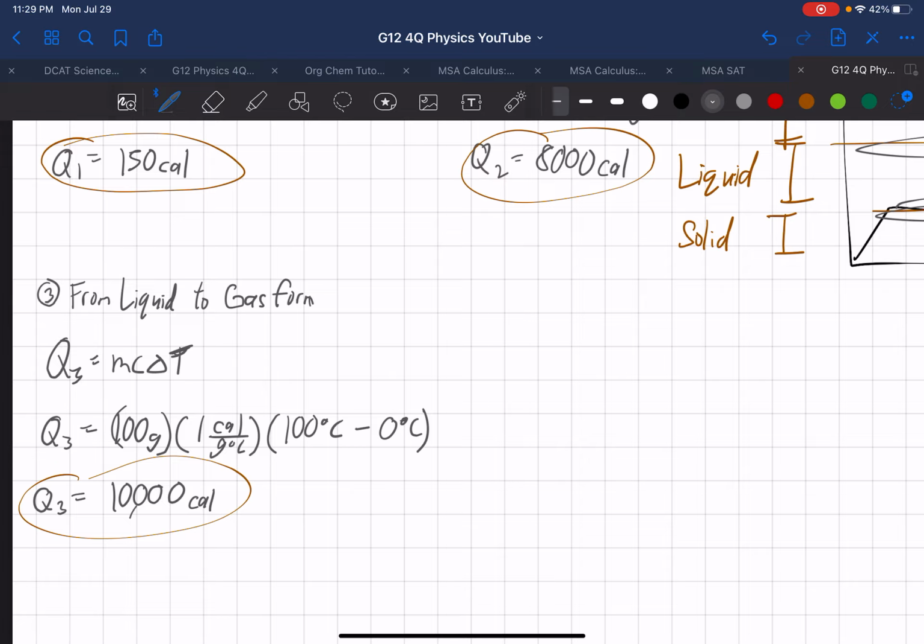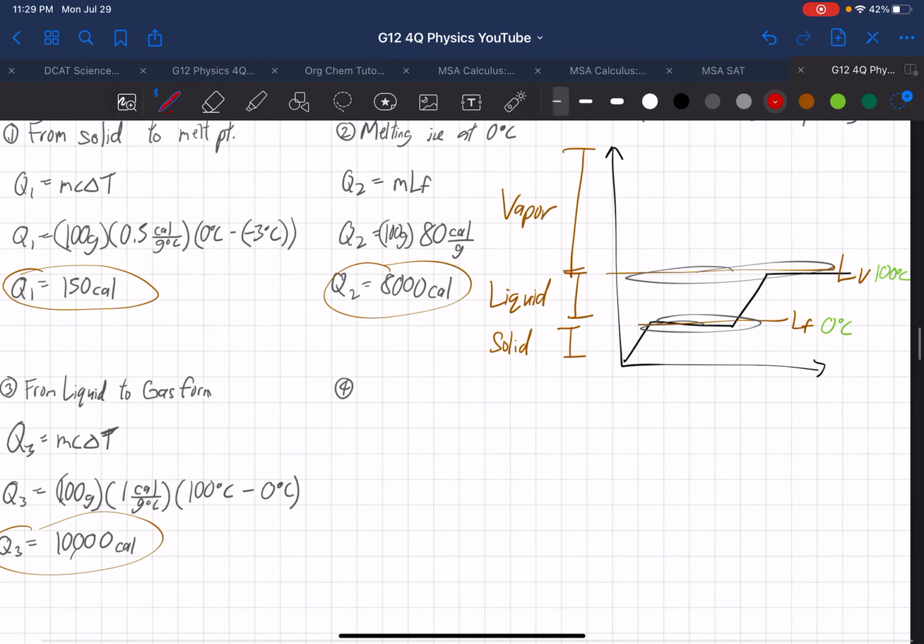Okay. How about Q4? To let you know, so far, this is Q3. Q4 is going to be in the level of LV, or the latent heat of vaporization. So, boiling water at 100 degrees Celsius.